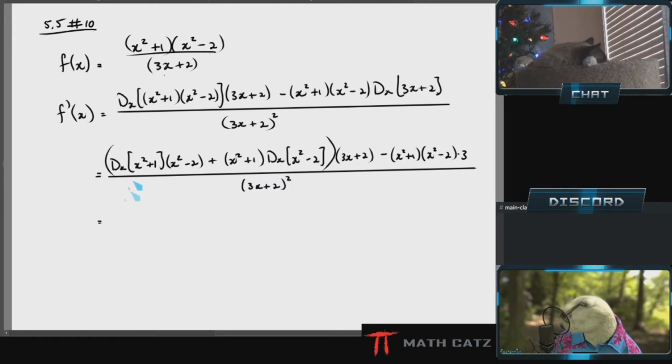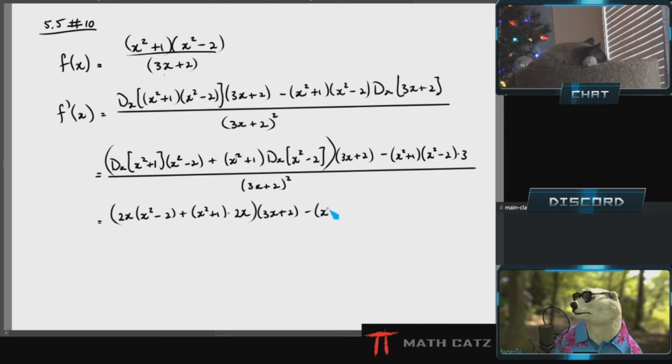Isn't that worth it? So it's 2x times x squared minus 2 for this guy, plus that bracket x squared plus 1 times 2x again. All of that times 3x plus 2 minus x squared plus 1.